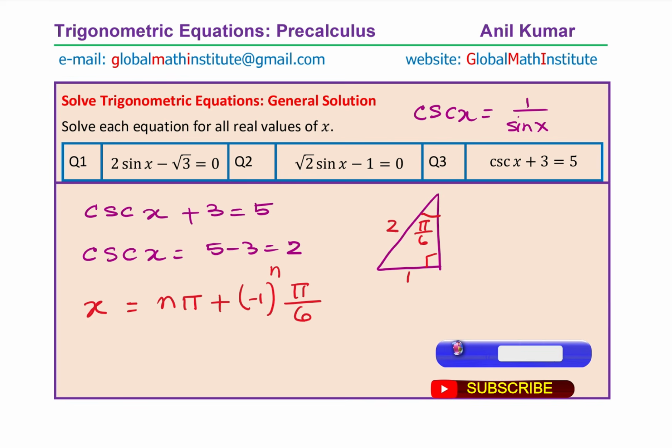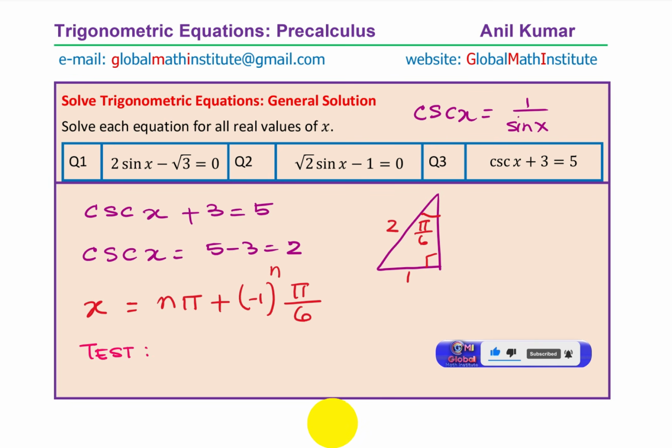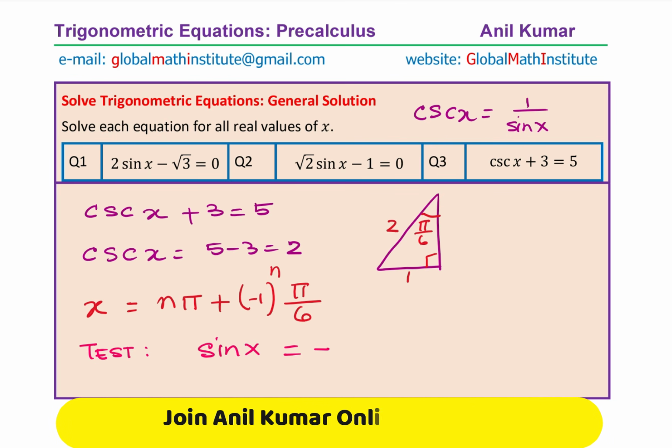Now, here is a test question for you, which I would like you to try. So the test question for you is, if I have sine x equals to minus of half, in that case, find x.